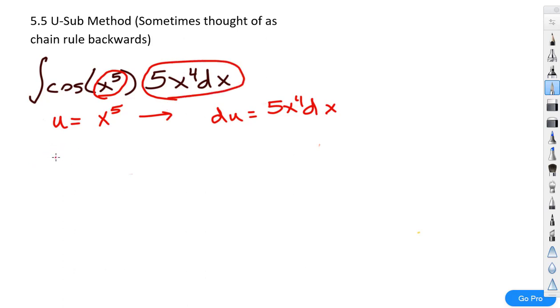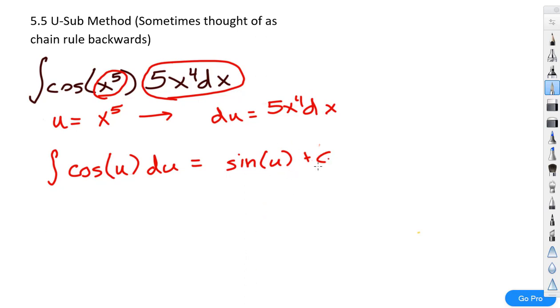So what this turns into is the integral of cosine of u, and instead of 5x to the fourth dx, I just have du. Which is much easier, because what's the antiderivative of cosine? Well, it's sine of u plus c.